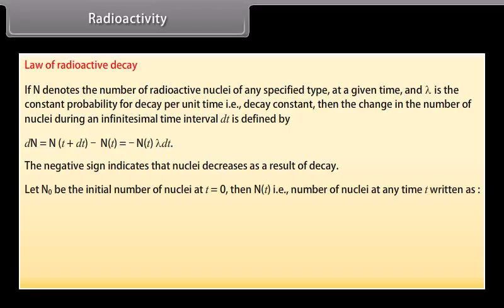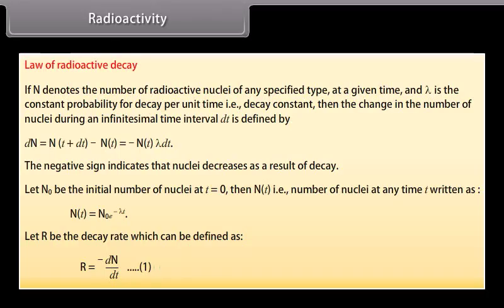Let N0 be the initial number of nuclei at t = 0. Then N(t), that is number of nuclei at any time t, is written as N(t) = N0 e^(−λt). Let R be the decay rate, which can be defined as R = −dN/dt.